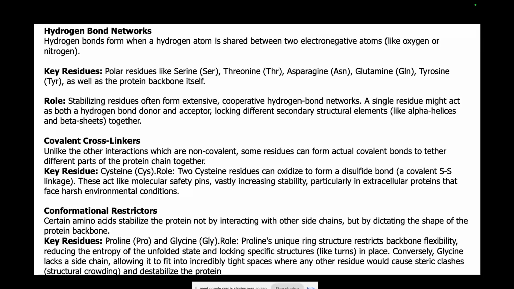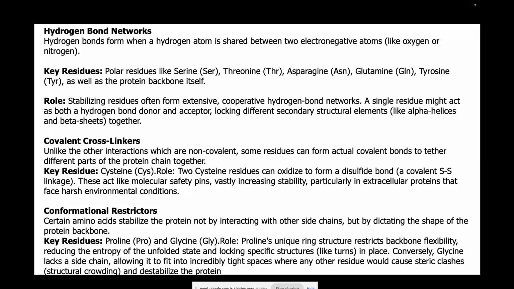Then finally you have conformational restrictors. These are amino acids that stabilize the protein not by interacting with other side chains but by dictating the shape of the protein backbone. Amino acids like proline have ring-like structures which restrict backbone flexibility, reducing the entropy of the unfolded state and locking specific structures in place, like turns.